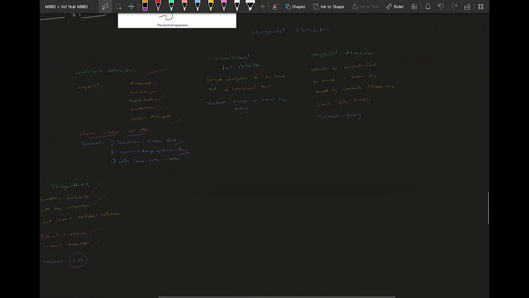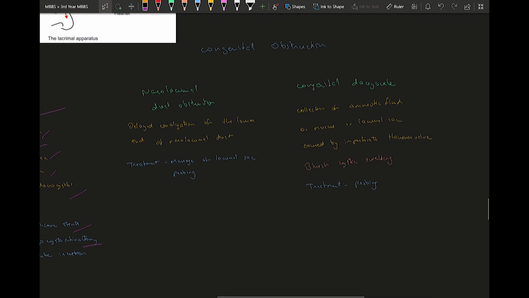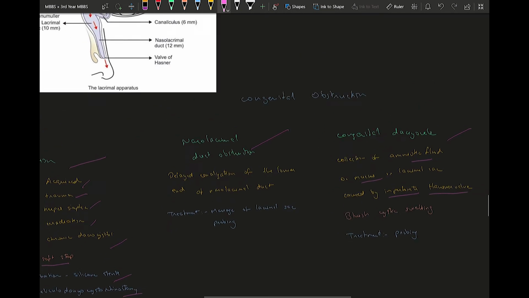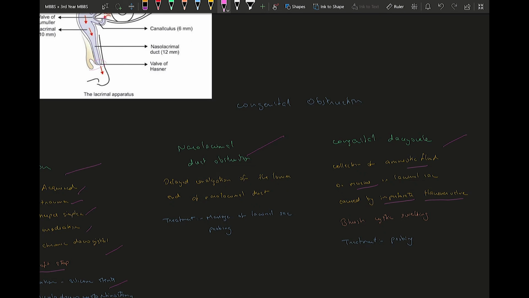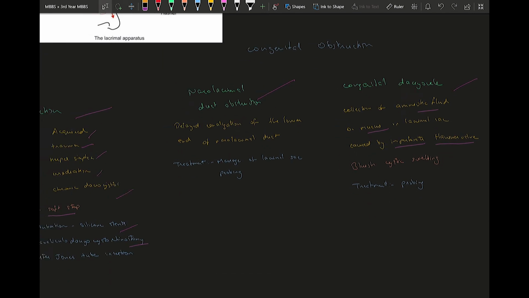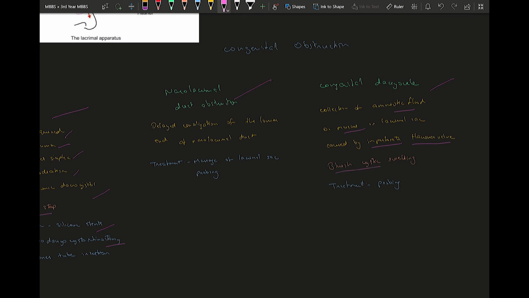Your congenital obstructions can either be a nasolacrimal duct obstruction or a dacryocele. A dacryocele is basically a collection of amniotic fluid or mucus in the lacrimal sac caused by an imperforate Hasner valve. So this is the Hasner valve over here, and it causes a bluish cystic swelling in the lacrimal sac area.